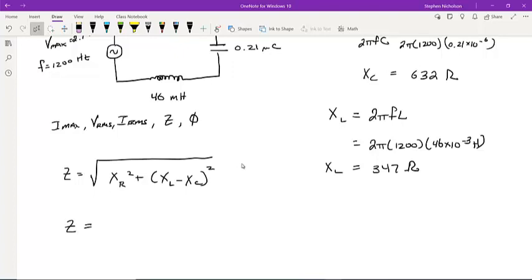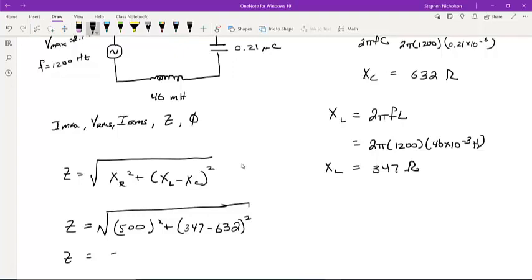So you take the three numbers: 500 ohms squared plus the difference, 347 minus 632, quantity squared, and then take the square root of the whole thing. So we get the impedance is 576 ohms.